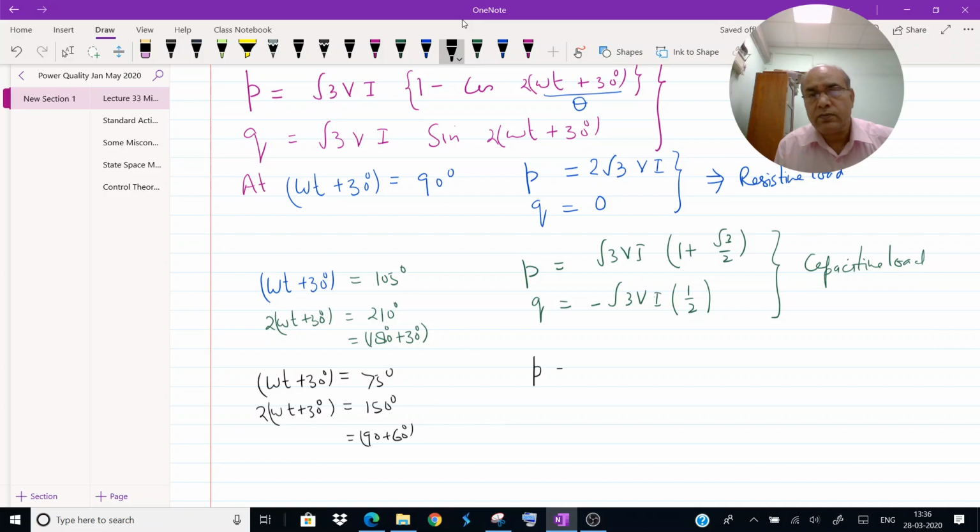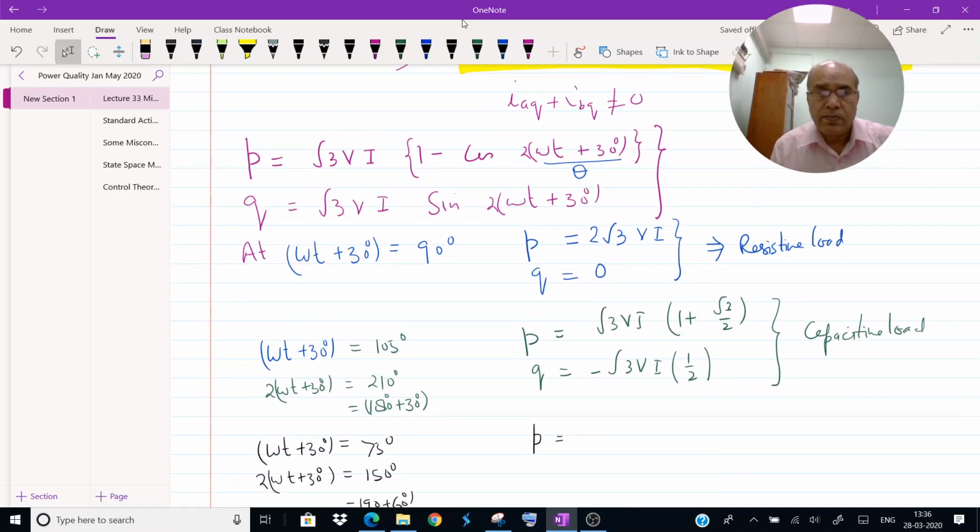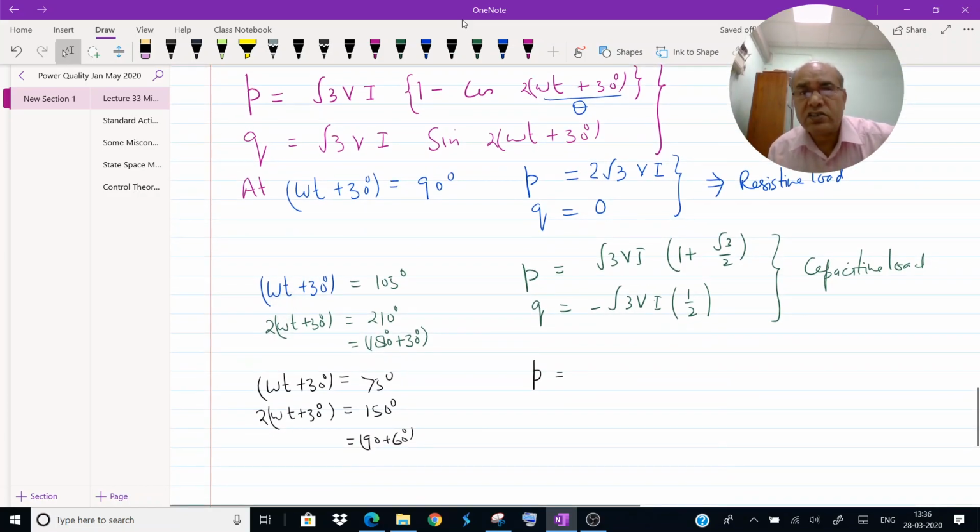The P becomes cos of 90 plus 60. Cos 90 plus 60 is nothing but minus sine 60. So minus minus plus root 3 by 2.